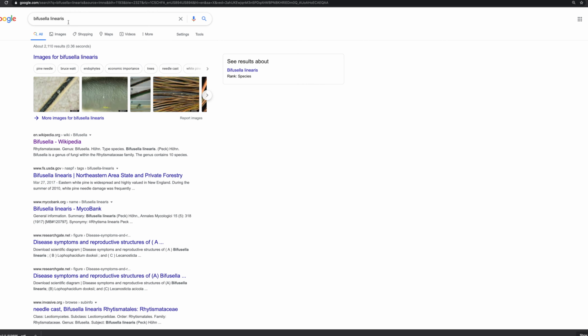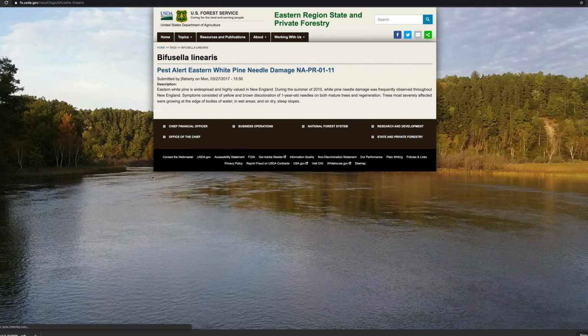So what we'll do is we will go to the other reference, which is this, which is USDA, United States Department of Agriculture database, and it's talking about pest alert eastern white pine needle damage. So maybe this is giving us an insight that our species is a pest, or it's pathogenic to something, to a tree, to a pine. So let's read about the description of this.